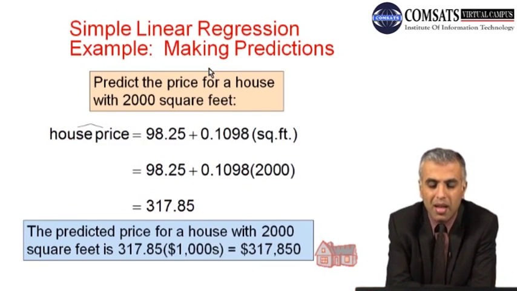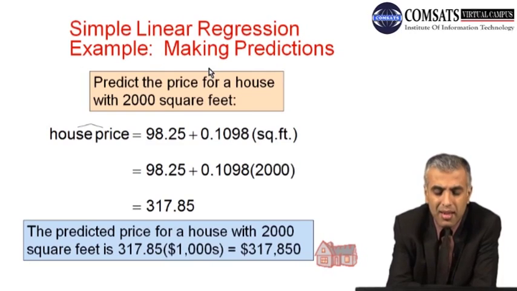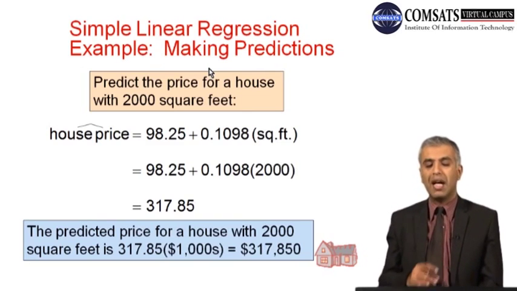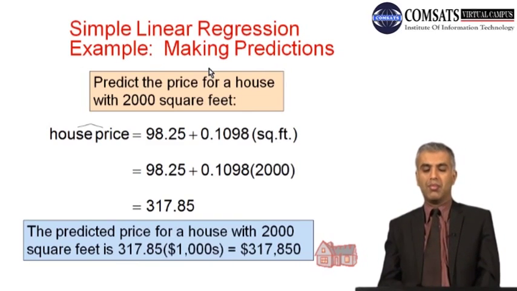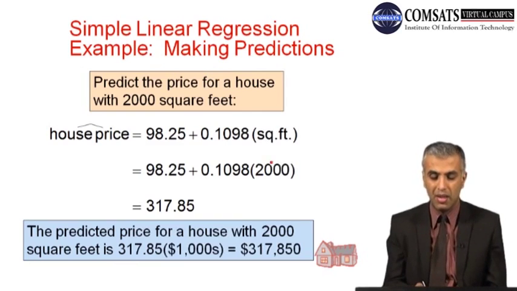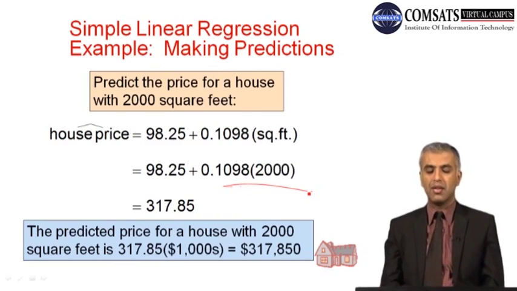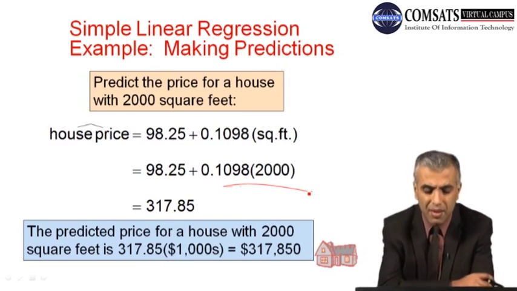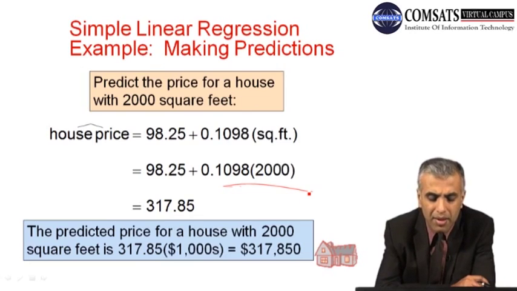So then we come to the example in which we are asked to predict the price of a house with 2000 square feet. Here what we have to do is just put the value of the size into the equation, which is shown here, and adding it up with 98.25, we can see that the value obtained is 317.